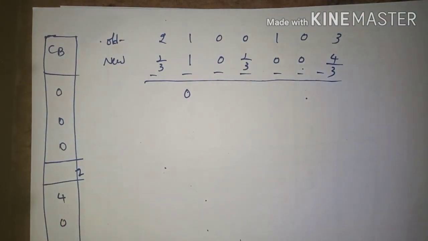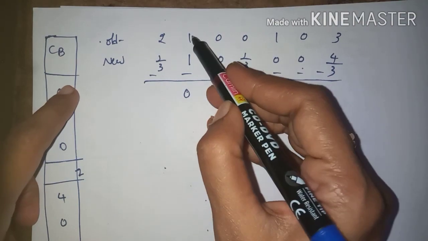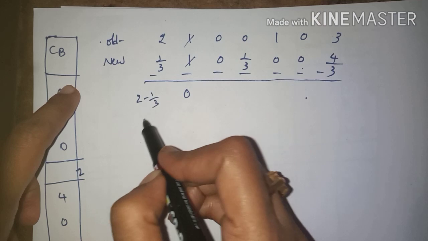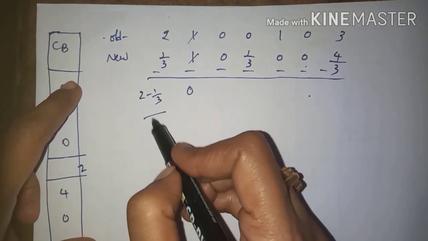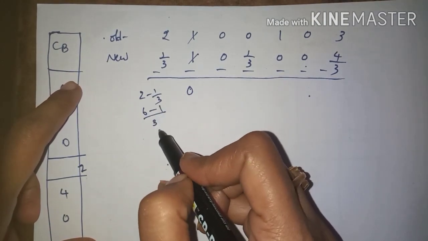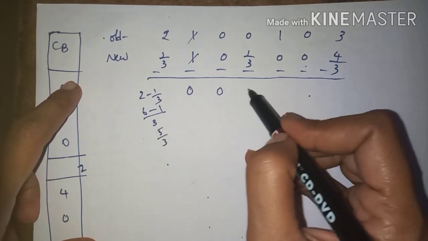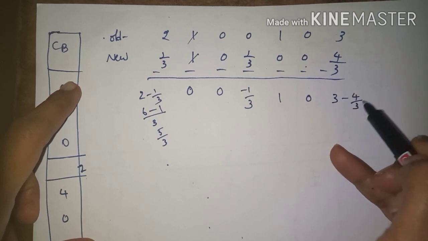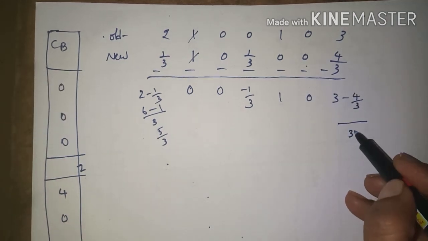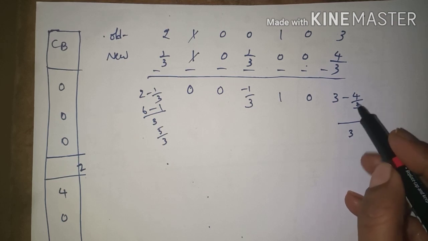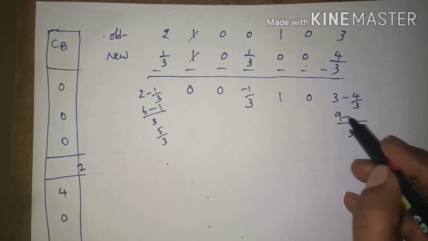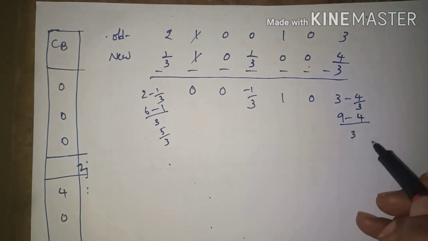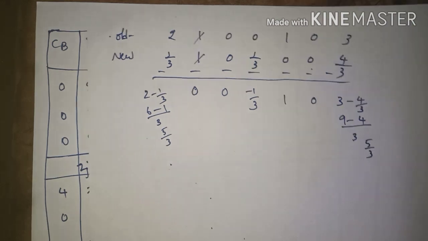While subtracting, we need to change the signs. 1 minus 1 is 0. 2 minus 1 by 3: LCM is 3, 3 2s are 6 minus 1, 5 by 3. 0 minus 1 by 3, that is minus 1 by 3. 1 minus 0 is 1. 0 minus 0 is 0. 3 minus 4 by 3: LCM is 3, 3 3s are 9 minus 4, 9 minus 4 is 5 by 3.